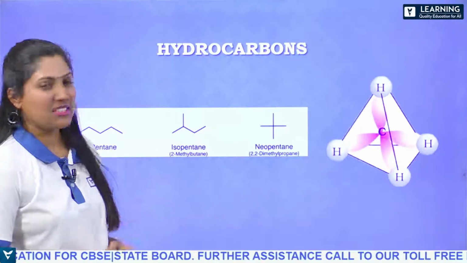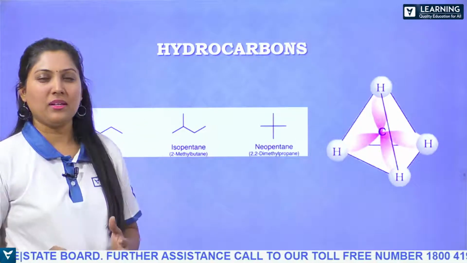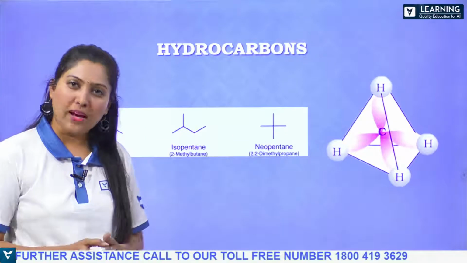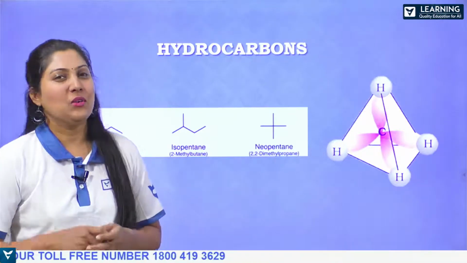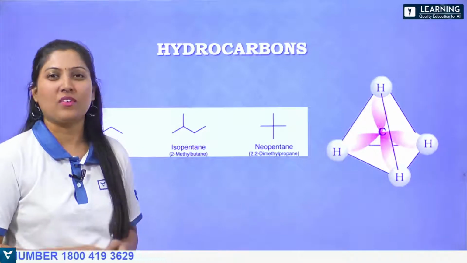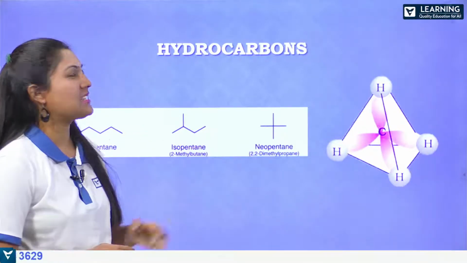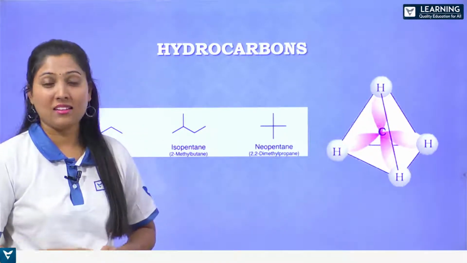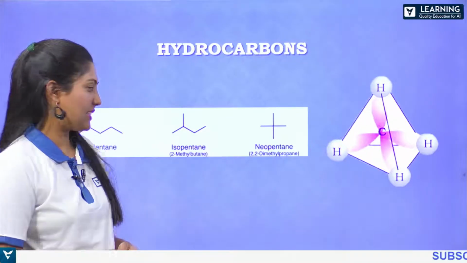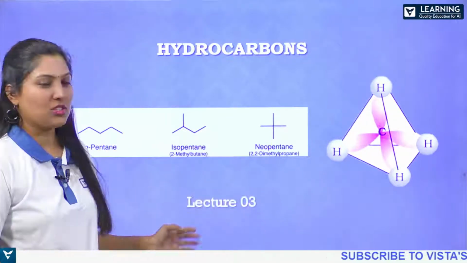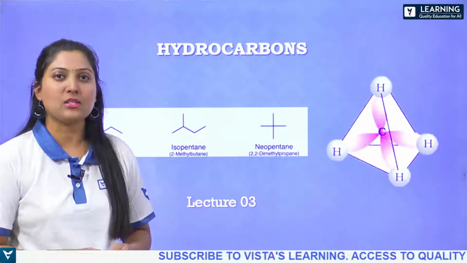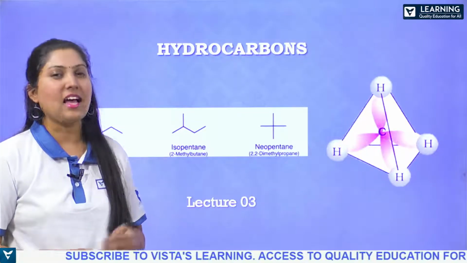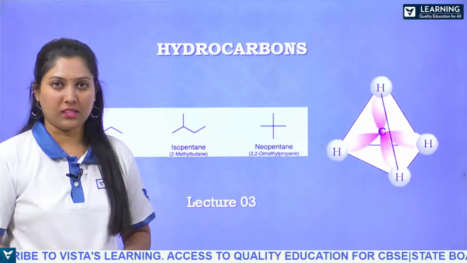Do you remember this chapter? Carbon and hydrogen combine together to form a number of compounds, which leads to the study of its compounds, which we call hydrocarbons, and here our chapter is. This is our lecture class 3, where we are studying the properties of these alkenes and some of the conformations.